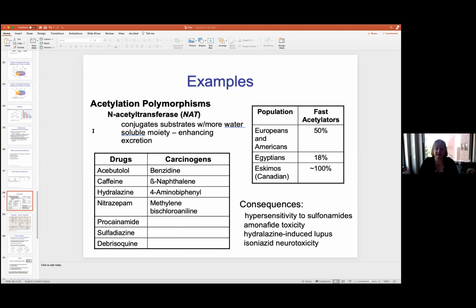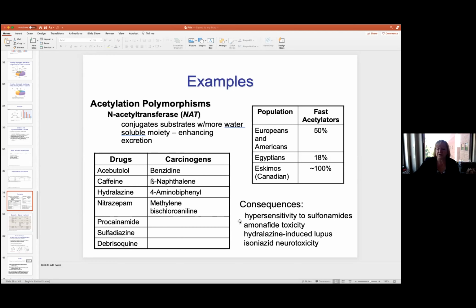So in this case, you have people who are fast acetylators, and so some of the consequences to some of these drugs and some of the carcinogens that we are exposed to in cigarette smoke and perhaps an industrial setting, you could end up with a hypersensitivity to sulfonamides. You could end up with toxicity.